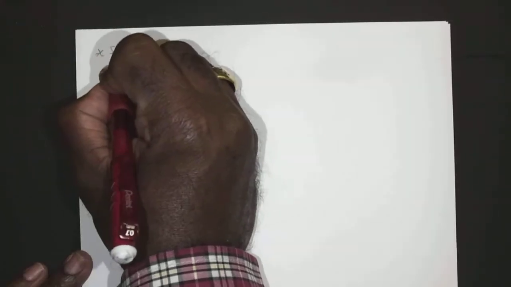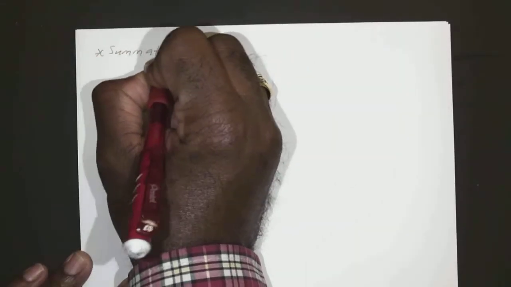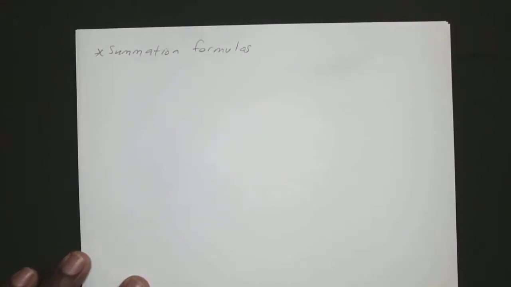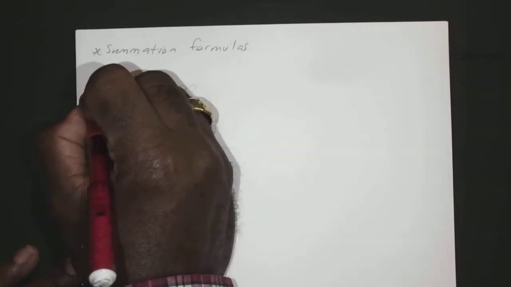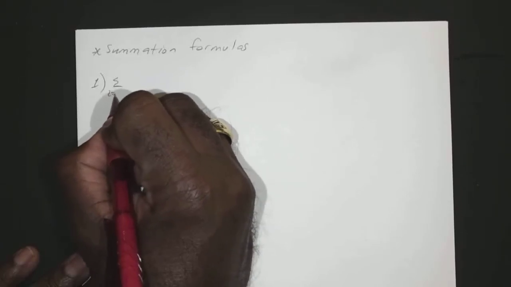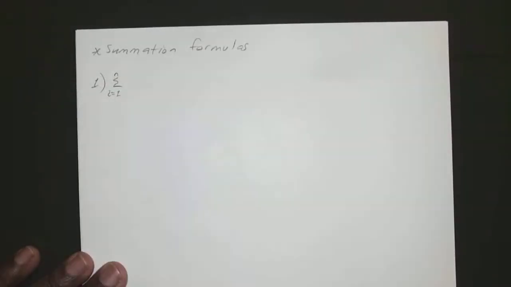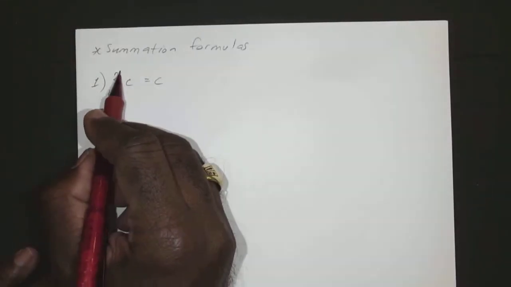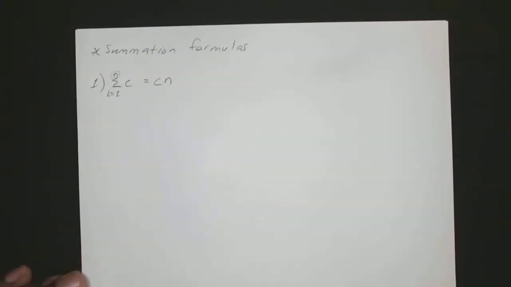Okay, so here we're going to have our summation formulas. Okay, so our first one, we have the sum from i equals 1 to our upper bound of n of a constant, and that's equal to the constant times n.